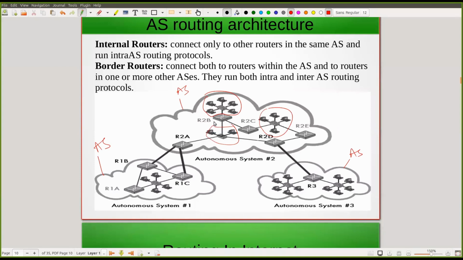Why do I call this an autonomous system? Let's try to understand like this. All the networks that are under the control of a single administrative authority, we basically call that one autonomous system.